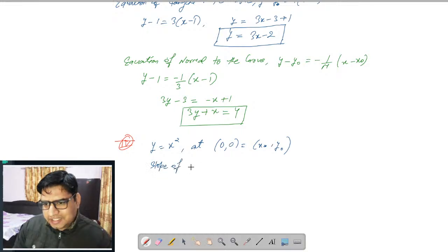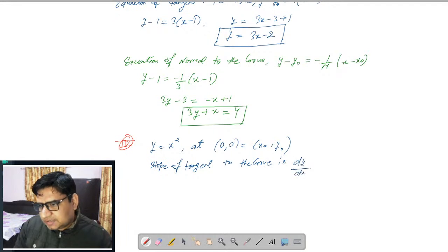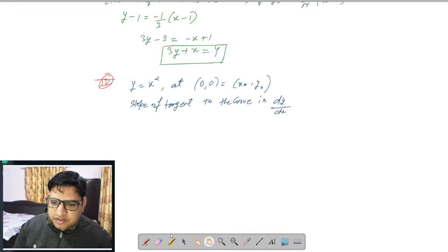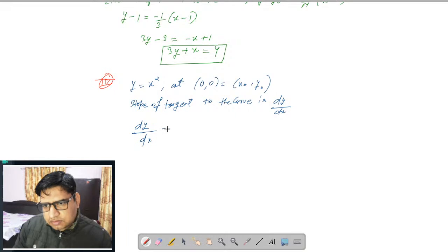the slope of the tangent to the curve is dy by dx. As we know, dy by dx is how much? dy by dx is d by dx of x square, which is nothing but 2x.